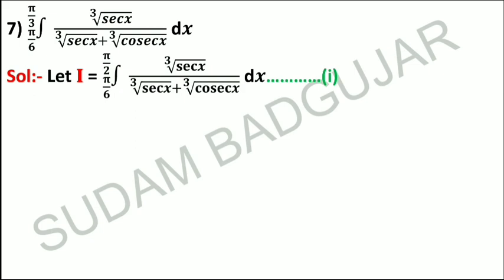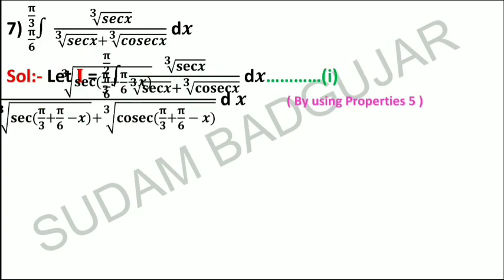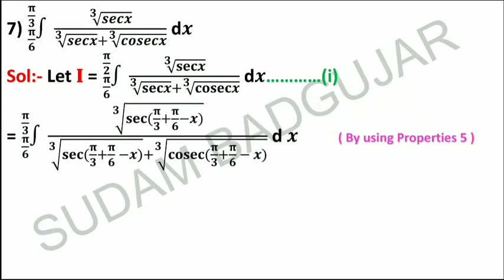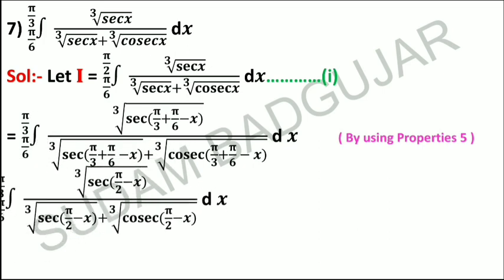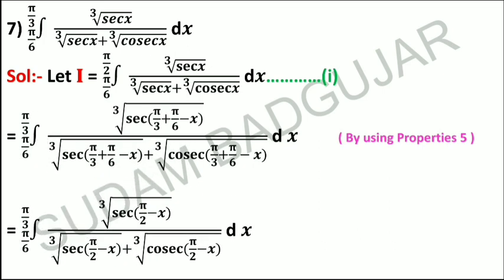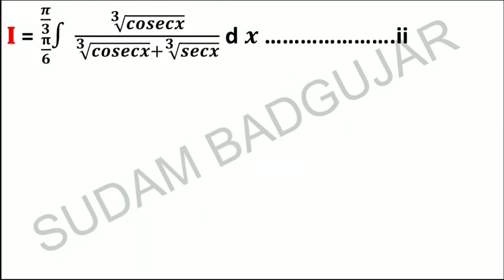Integration of f of x dx from a to b is equal to integration of f of a plus b minus x, meaning replace x by lower limit plus upper limit minus x. That becomes cube root of sec of (pi by 3 plus pi by 6 minus x), and that is nothing but pi by 2 minus x. Again it is the same form. This is for the board method. I want only shortcuts, so directly I write I is equal to cube root of cosec x upon cube root of cosec x plus cube root of sec x dx.